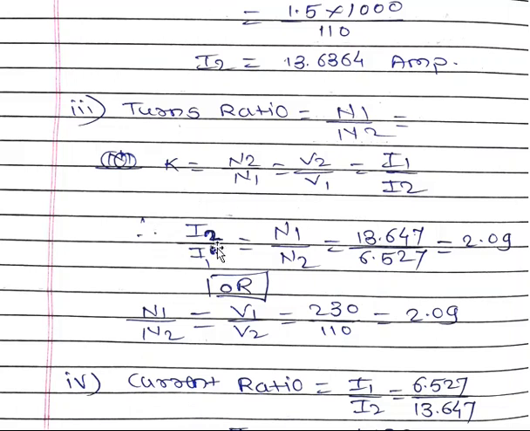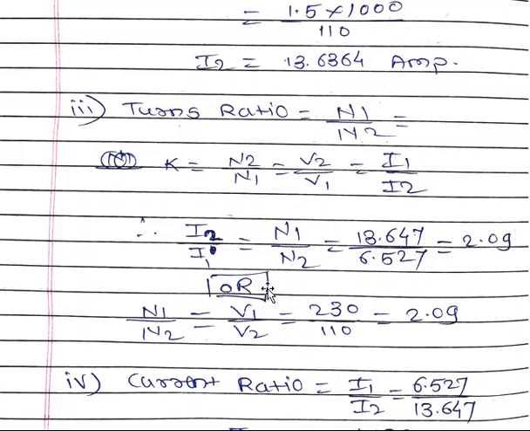Now the value of I2 is 13.647 and the value of I1 is 6.527. The answer of this division is 2.09. The unit is not mentioned here because it is a ratio, therefore a unit does not apply.